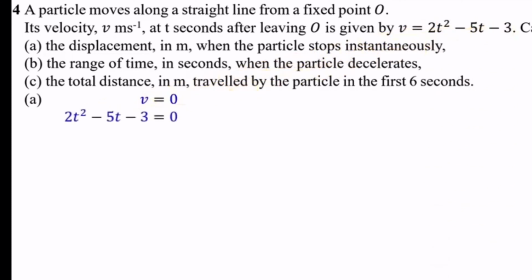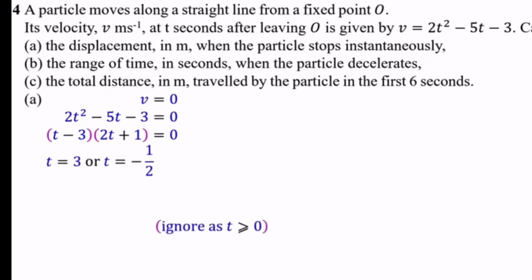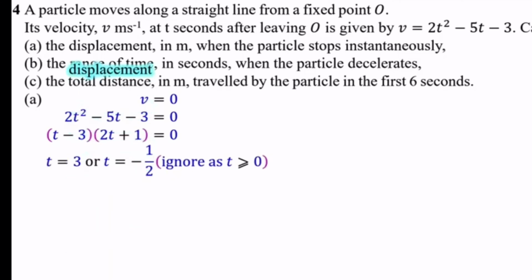Stops instantaneously, let v equal 0, then we will factorize. We will get (t minus 3)(2t plus 1) equal to 0. So we will take t equal to 3 because the time must be a positive value, right? So we will substitute t equal to 3 into the displacement function.